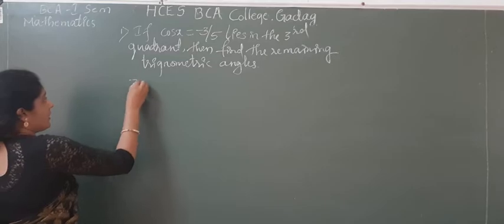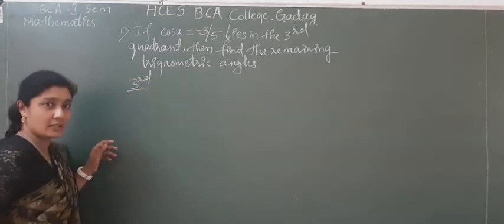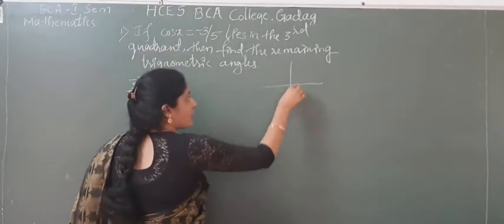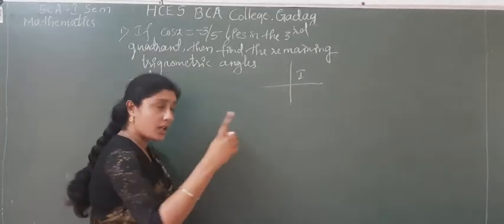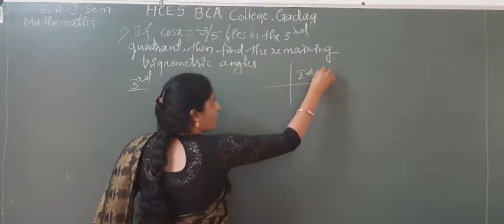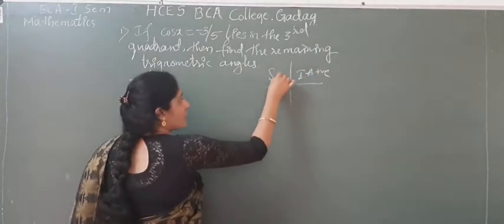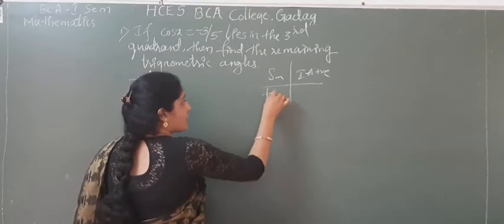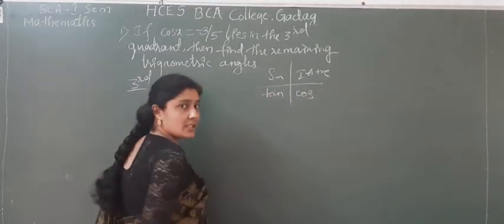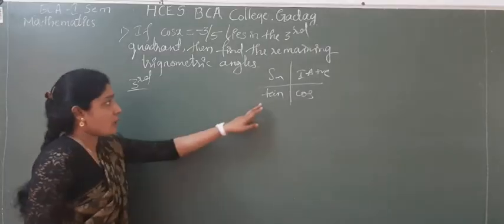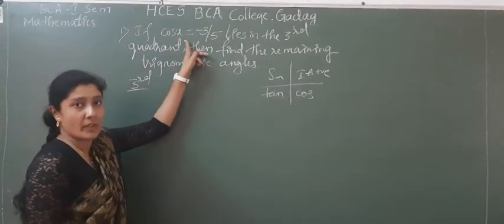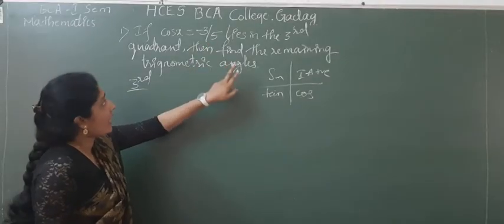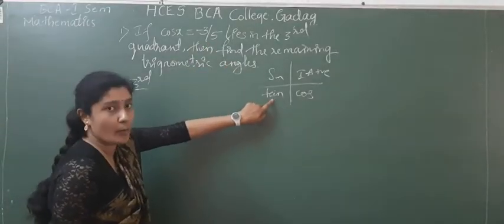Therefore, do you remember what is there in the third quadrant? So as I told you, first quadrant, all are positive. Here, sin is positive. Here, tan is positive. And here, cos is positive. Okay. So, in the third quadrant, cos is negative, and then tan is positive.